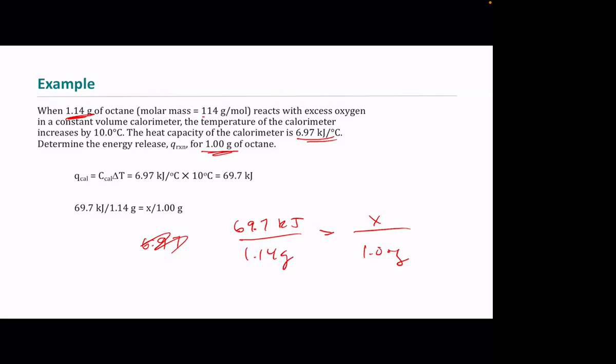Same thing. It's dimensional analysis, but it's kind of like setting up a ratio. Lots of times that's something you've done before you ever came to this class. Thinking about it like this is nice: if I know this much heat is released for this many grams, how much heat is released for this many grams? That's all. And what do we get? 61.1 kilojoules. So that's the energy released for 1 gram of octane.